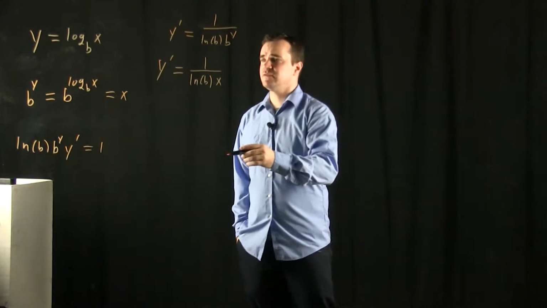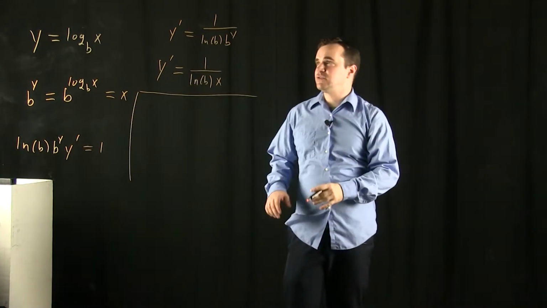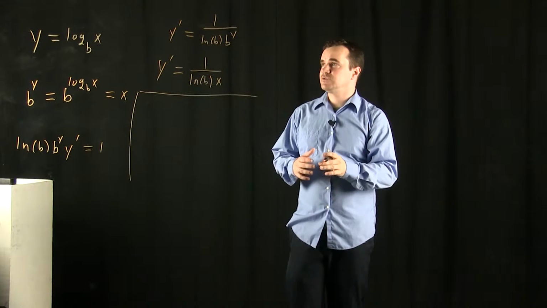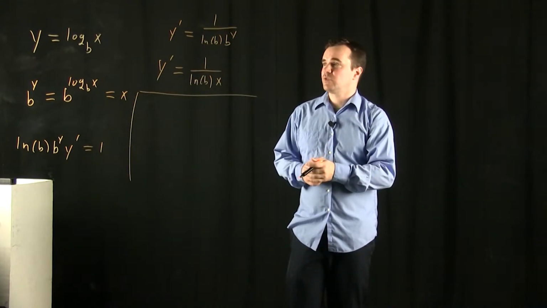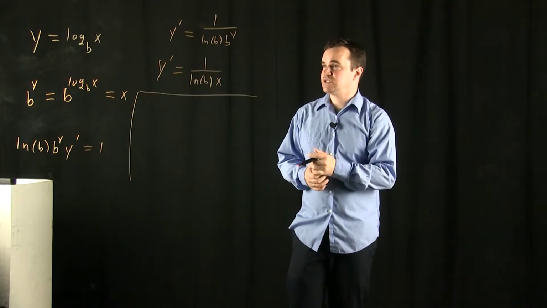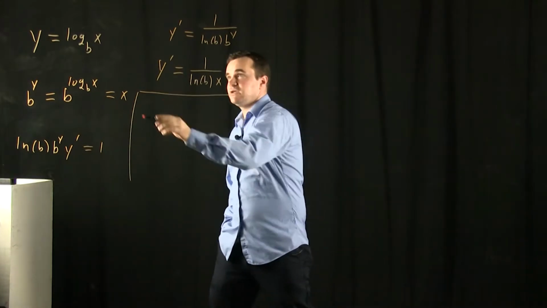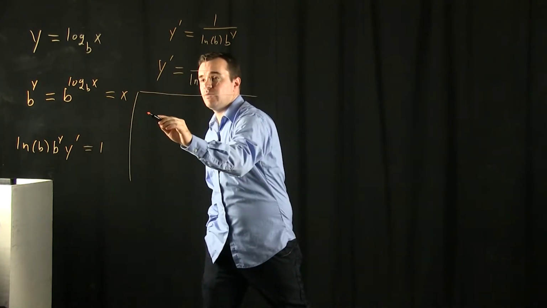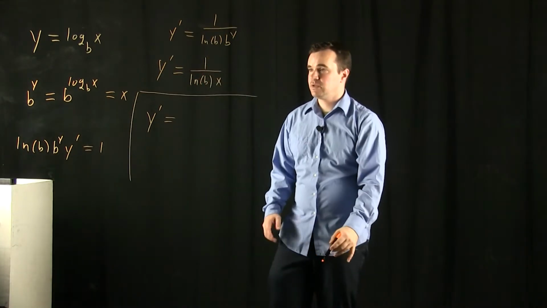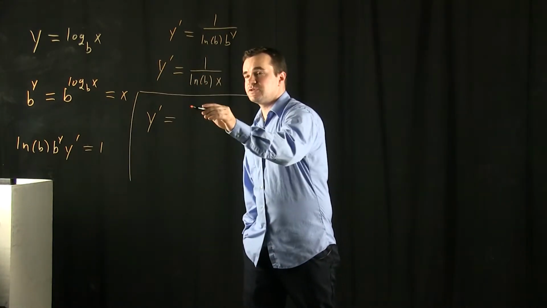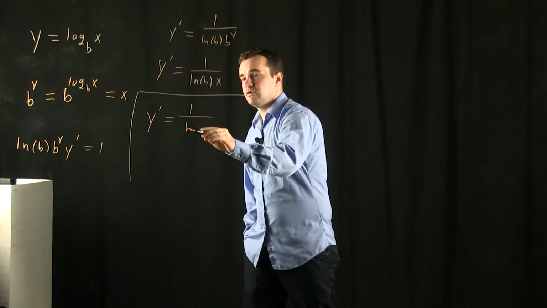There's another way to think of this. There's another way to conceptualize it. I said there's two ways to think about that derivative. If I wanted to do this directly, without using implicit differentiation, I would just have to remember that if I want to take, looking at this function y, if I want to take y prime, then the way to do that, it's the reciprocal of the derivative of the inverse function.